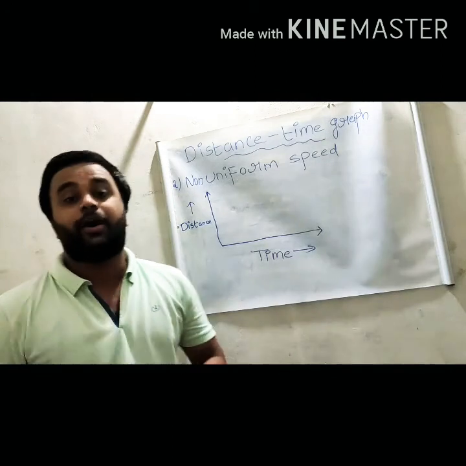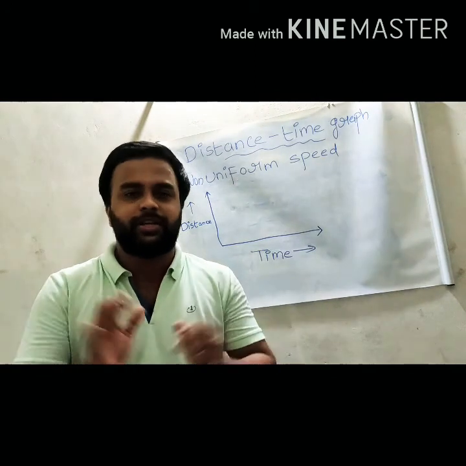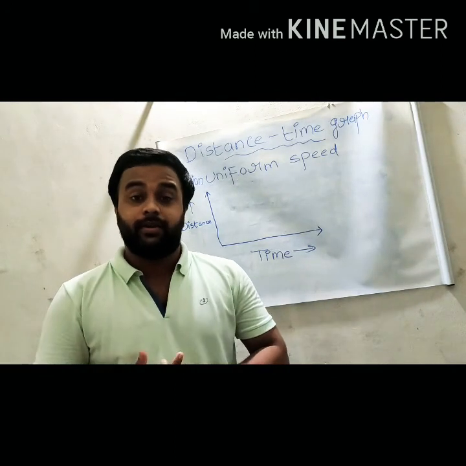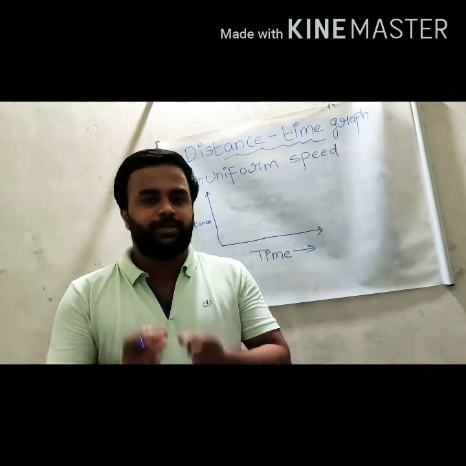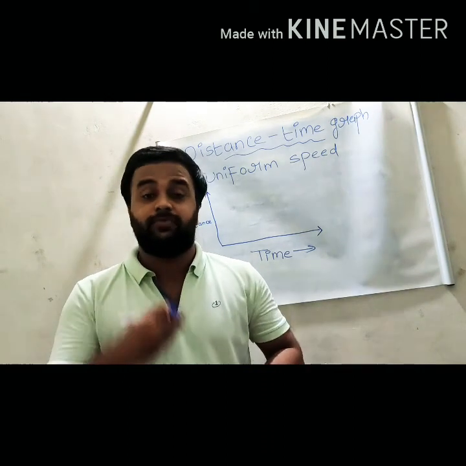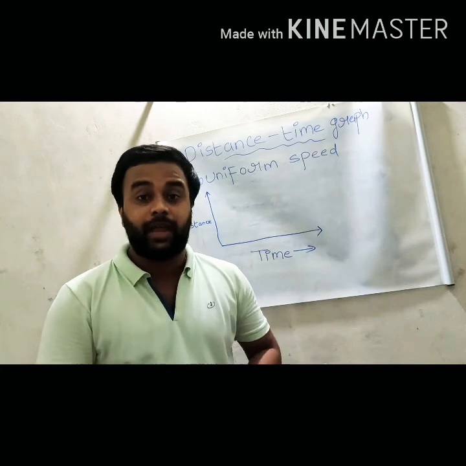Do you know how the graph looks? It's not a straight line from the origin. Why? Because the distance covered by the object is not equal. It varies with time.